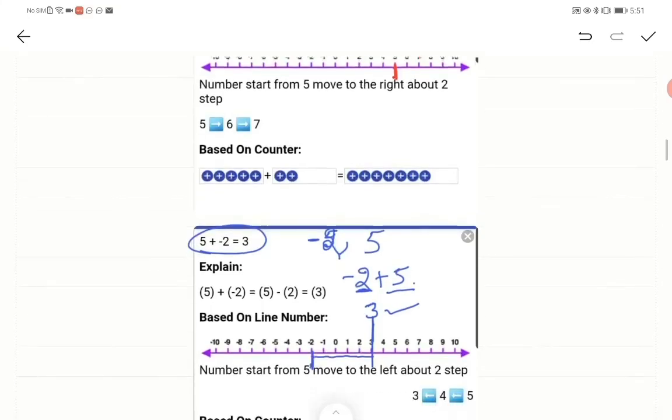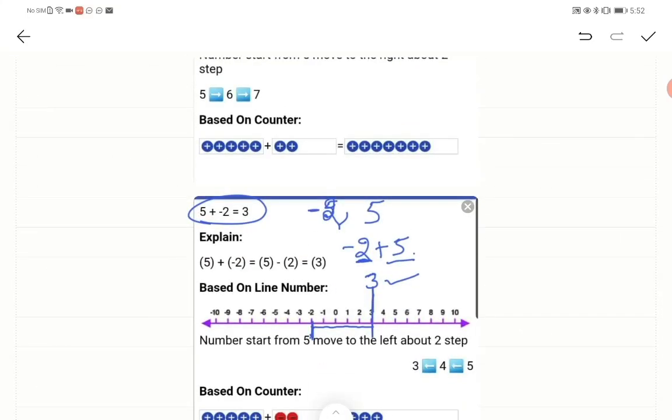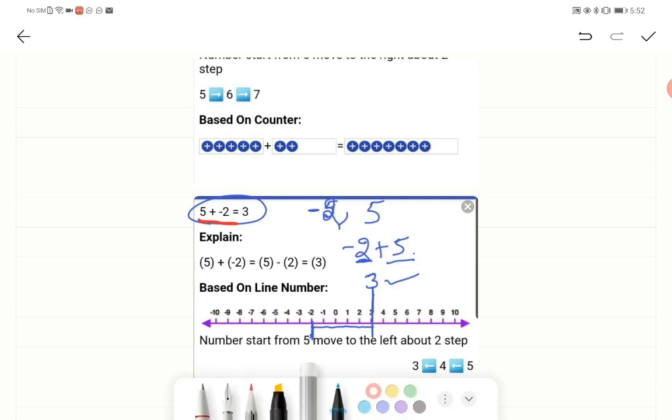Okay, and also we had seen for minus also. Here they have given 5 plus minus 2. So first you will go to number 5. The first given number is 5, so you need to start from 5.